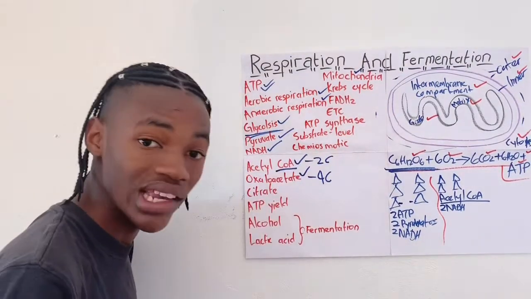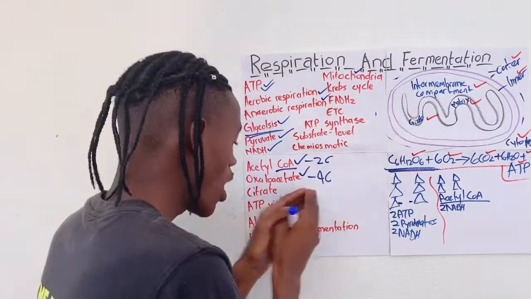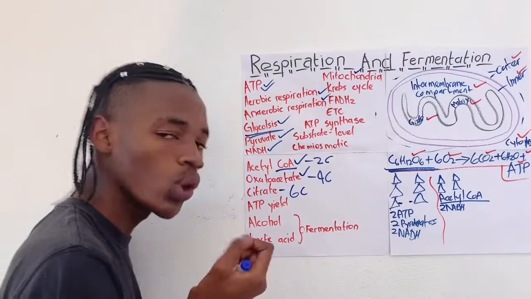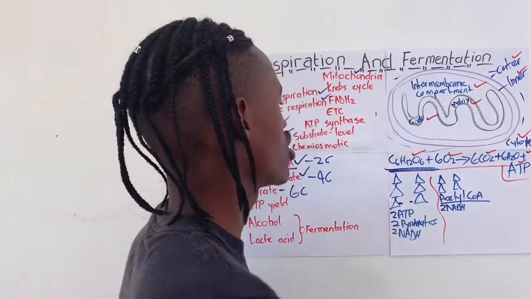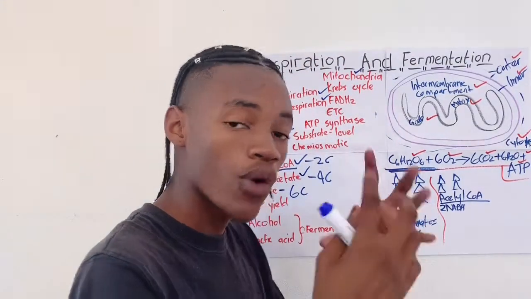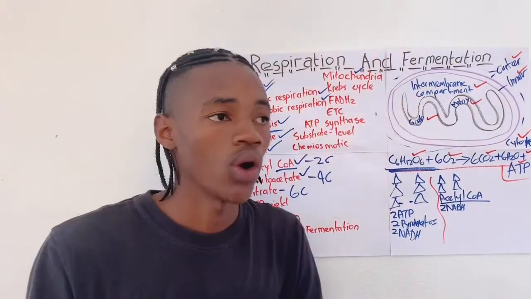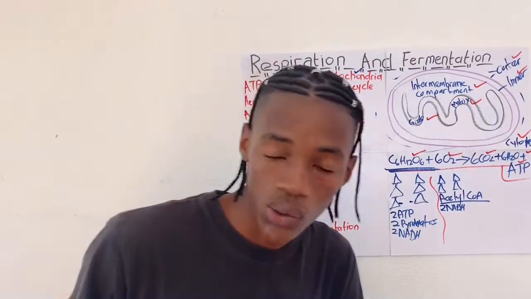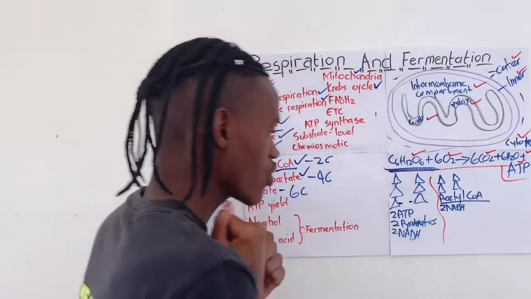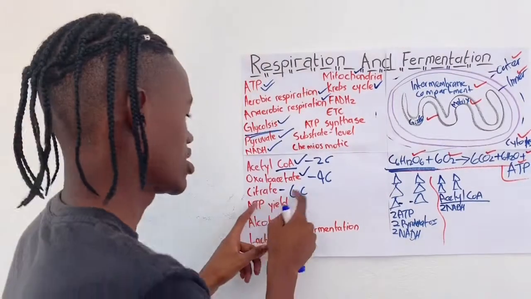We are mixing a molecule with 2 carbons with a molecule with 4 carbons, and then what we get is a 6 carbon molecule called citrate. The Krebs cycle is also called the citrate cycle because citrate is the first product that is made. So if it is called the citrate cycle or the citric acid cycle, just know that they're also speaking about the Krebs cycle, right?